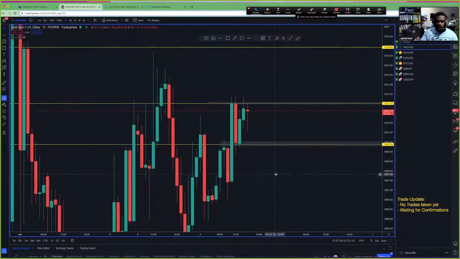We have 2 minutes until this candle closes, and we are closing below this resistance at 1811.50. Starting to push up now. We have the 4 candle pushing bullish.